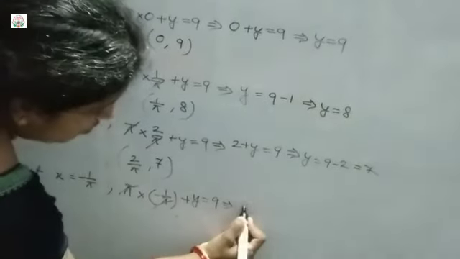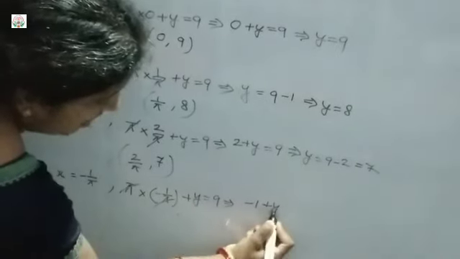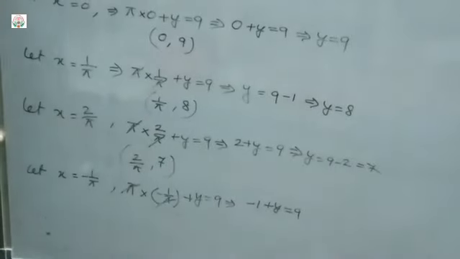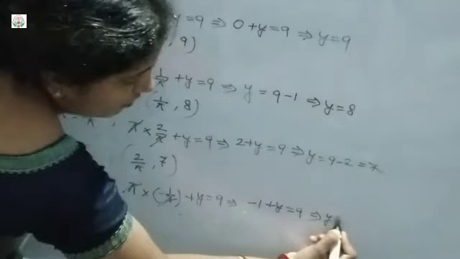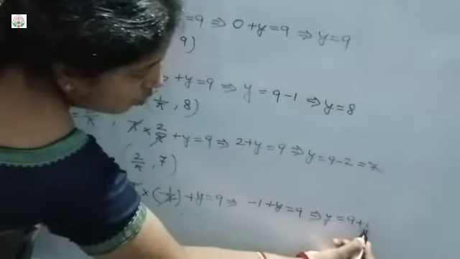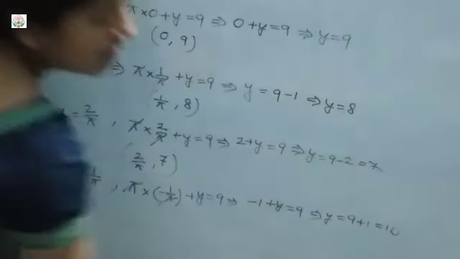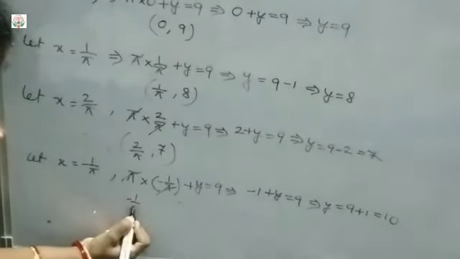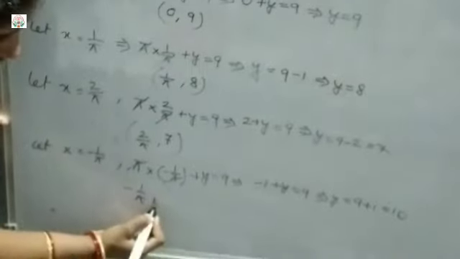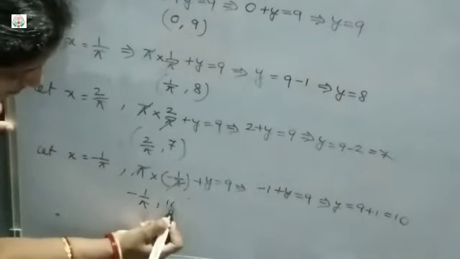Now what is left out? Minus 1 plus y equals 9. Implies by transposing what will it be? y equals 9 plus 1, which is how much? 10. So the next solution: x value is minus 1 upon pi, then y is how much? 10. So this is one more solution.